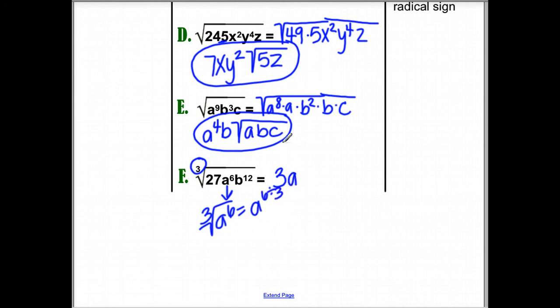So I know it's a squared. And b, the cube root of b to the 12th, is really b to the 12th divided by 3 power, which is b to the 4th. So therefore, 3a squared b to the 4th is my final answer.